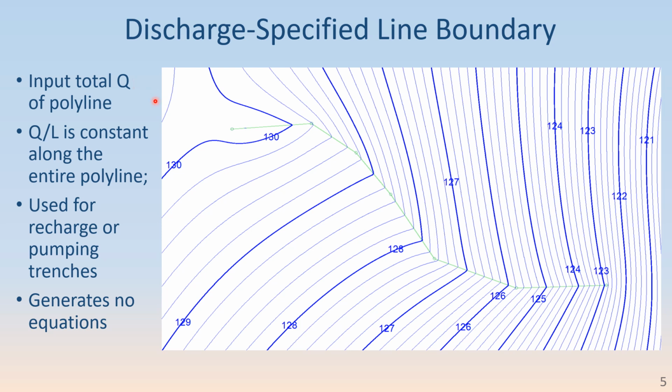Each element has 1 degree of freedom, so 1 parameter per line, because it's a constant rate along the line. In this model here, this trench is injecting water, and you can tell that because the V's in the contours point downstream, as opposed to something like a gaining stream where the V's point upstream.